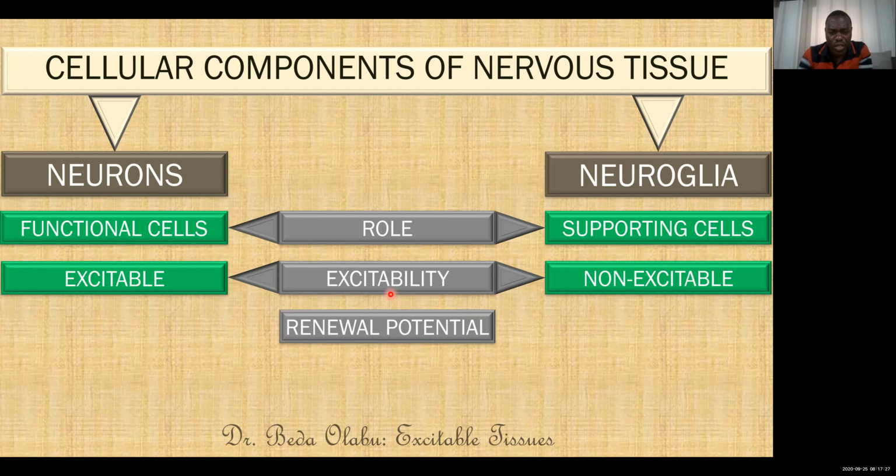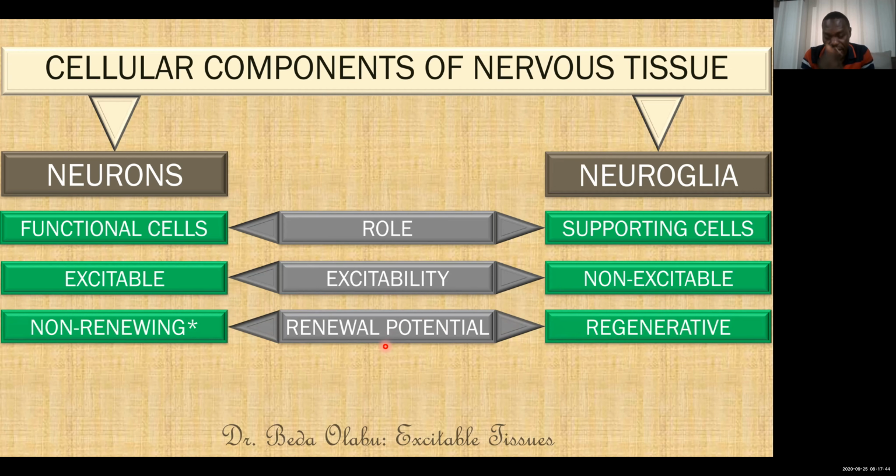In as much as we are saying they are part of the nervous tissue, they cannot generate electrical impulses. The other thing we compare is the ability of these cells to renew themselves, the capacity for mitosis. So on this note, we can say that neurons are largely non-renewing.